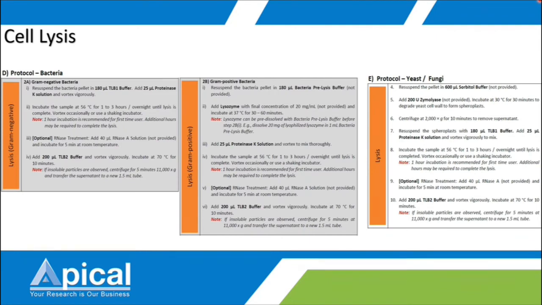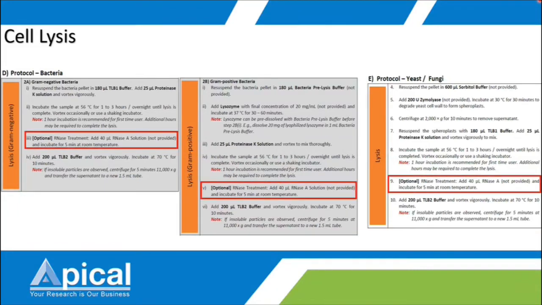Next, under the protocol of this kit, you may also find that there is an additional step to treat the cell with RNase. Not only under this kit, you can find it in most kits, but usually the RNase treatment is an additional step.